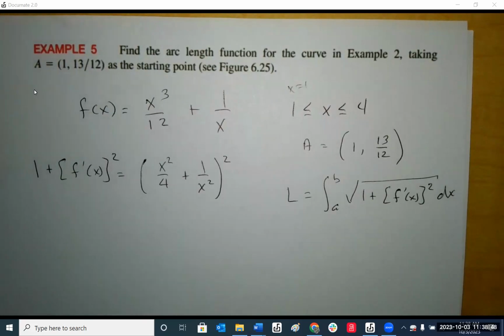To see how we did that, refer back to example 2.